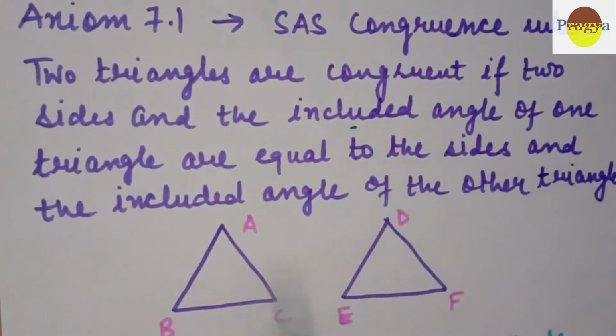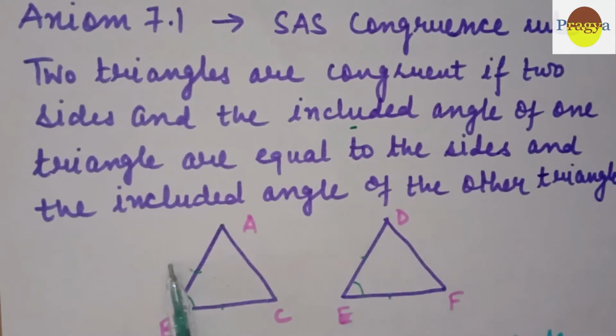I will explain with the help of a diagram. Two triangles are congruent if two sides, first, if I take AB equal to DE, BC equal to EF, then I always take this angle B and angle E, because this angle is present in between these two sides.